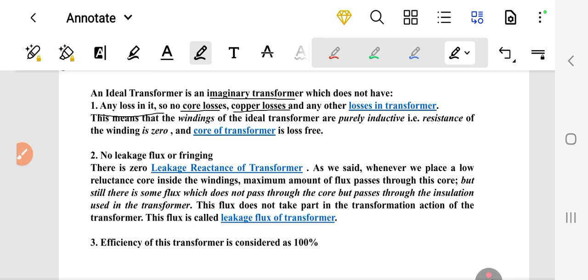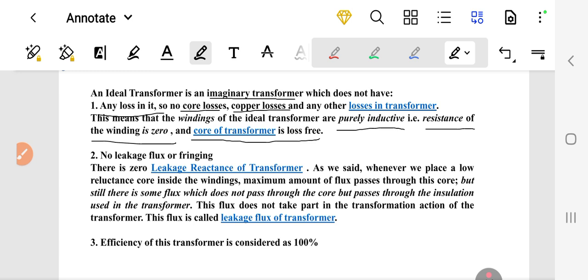This means that the windings of the ideal transformer are purely inductive. We have neglected the resistance; the resistance will be equal to 0. Therefore, I square R losses in the coil will be equal to 0, and the core of the transformer is free of losses.